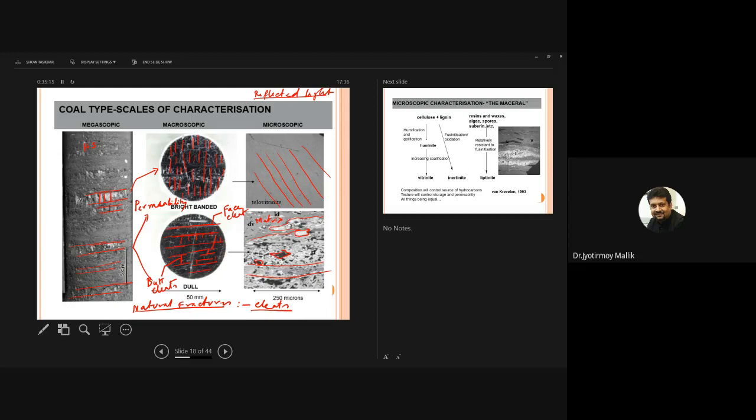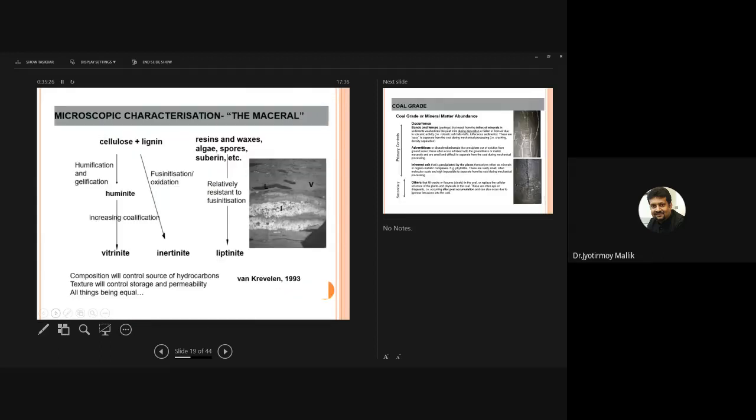Similarly, the microscopic components which form the total assemblage of coal, we call them macerals. Okay? And we will see the macerals in detail in the next slide. So the microscopic components are called the macerals.